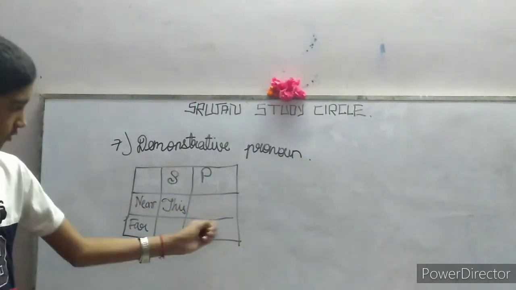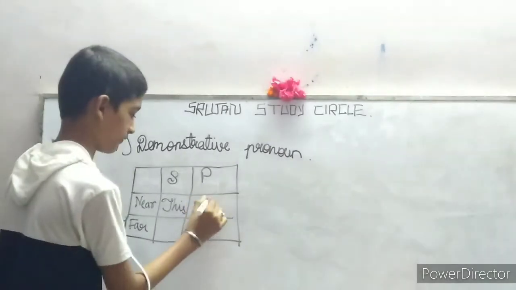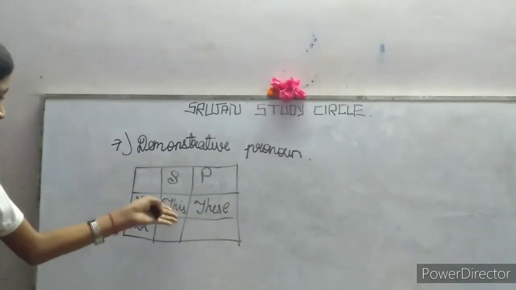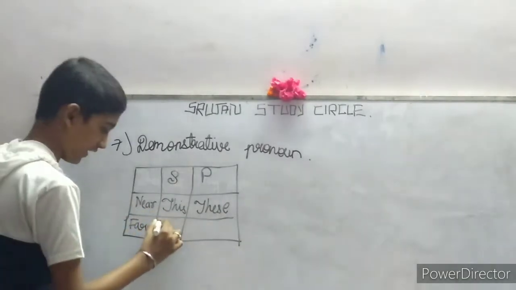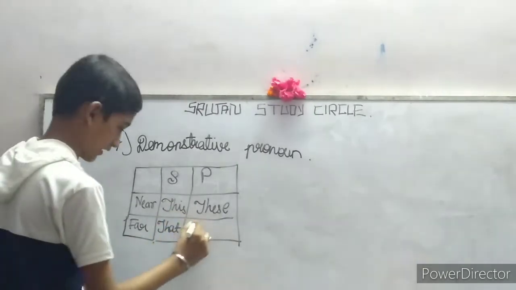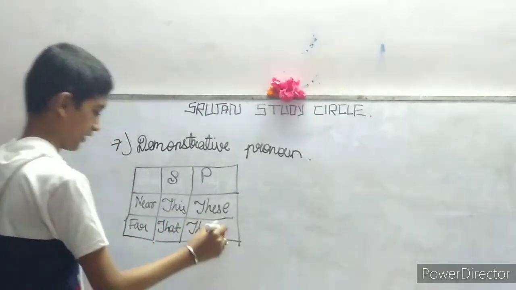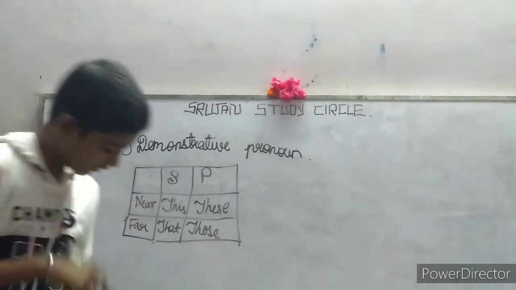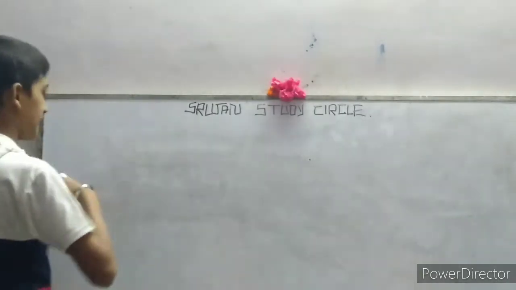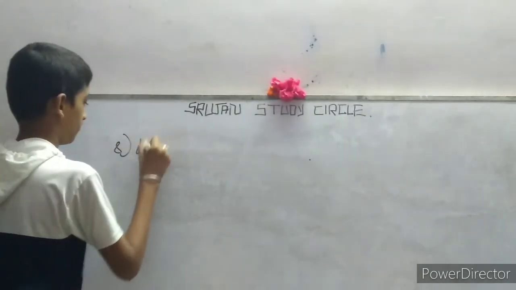Similarly, if it is plural, we will use these. Similarly, if it is far in singular, we will use that, and in plural, those. So this is the table. Now we will move to our next type of pronoun, that is distributive pronoun.